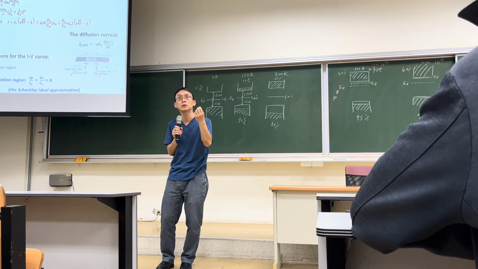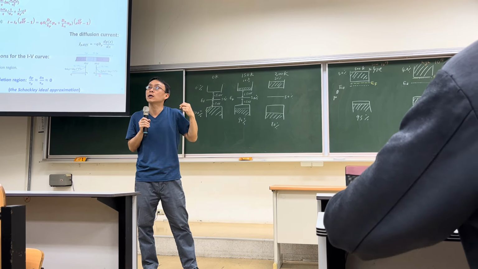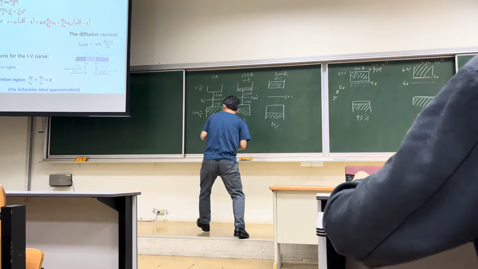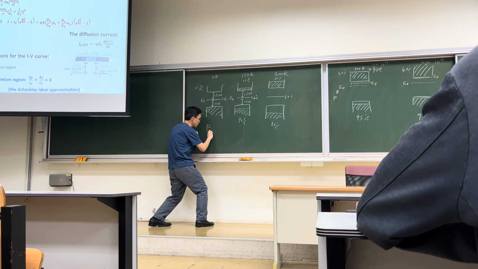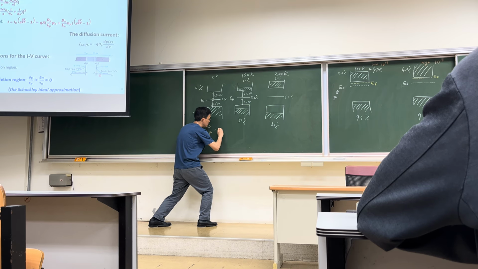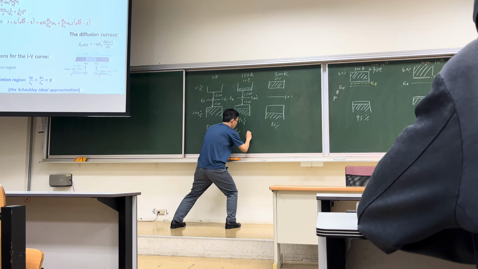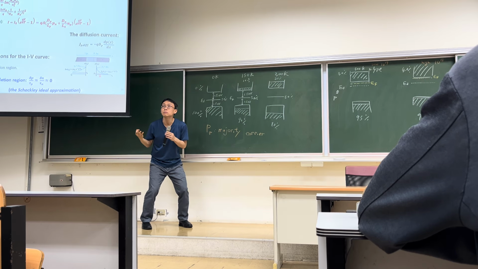P is positive, right? Which means the hole concentration in the P region. P is the hole concentration in the P region. So we call it the majority carrier, right?